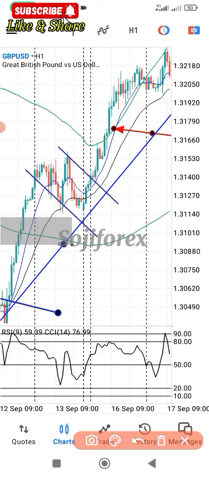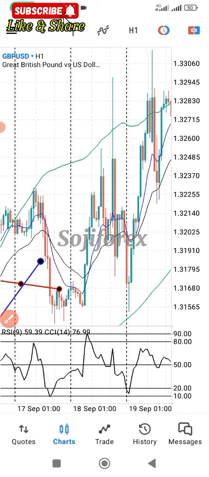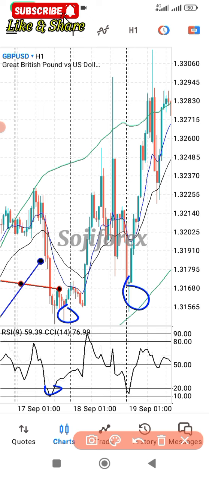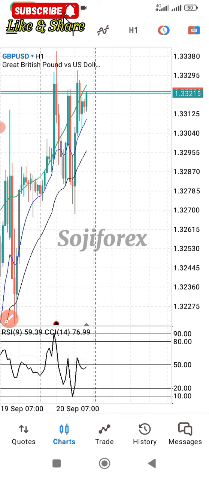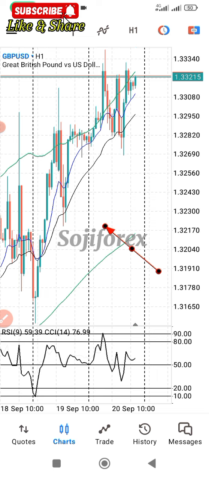You want to see that pullback and then your indicator window, and you make your entry. You want to see this, want to see this. So this is exactly how you can take advantage of this particular strategy.